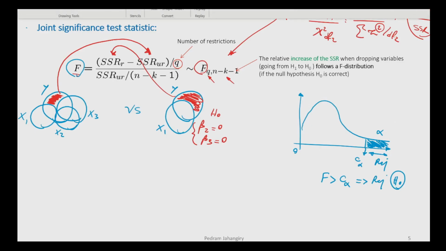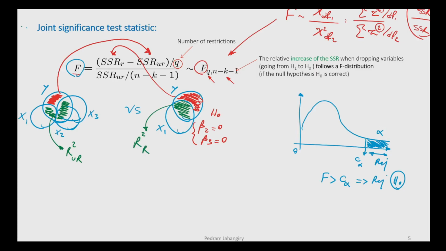So let's say I look at the r squared version of these things. So this is the representation of r squared of the unrestricted model, and here this is a representation of r squared of the restricted model, right? Which one is bigger? Obviously the unrestricted model is bigger.